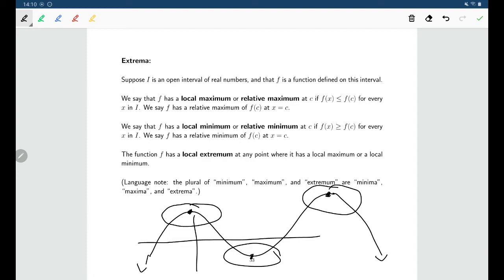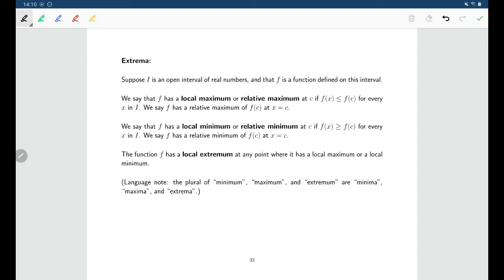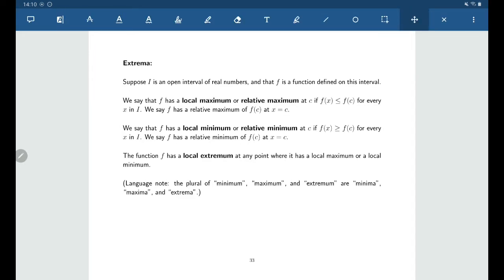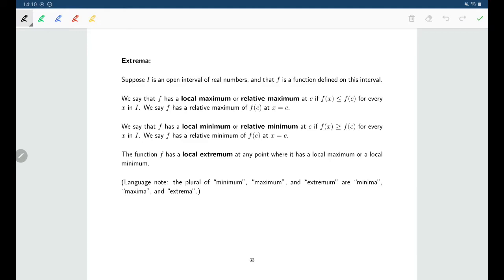Other little bits of terminology here, just in general, relative maxes, relative mins, we would call them relative extrema or local extrema. Those are the local maxes and mins. And just one little bit of language use here.